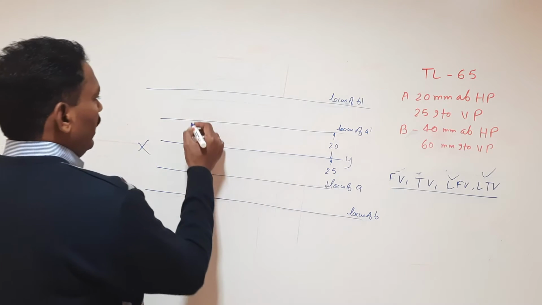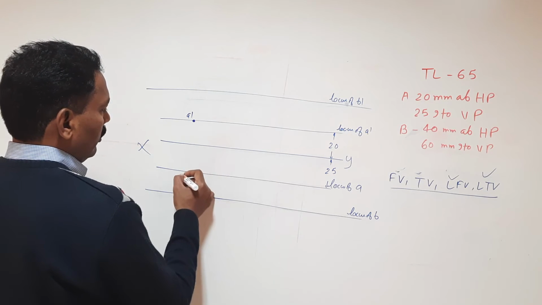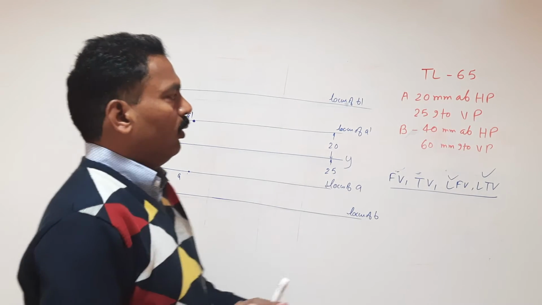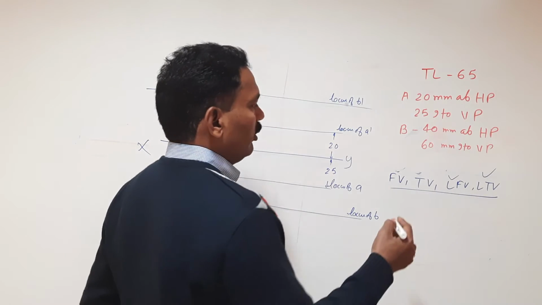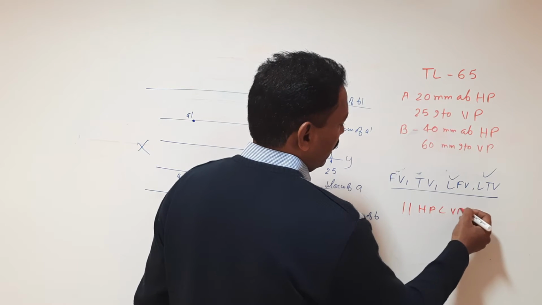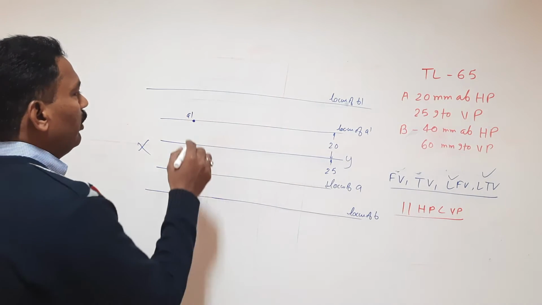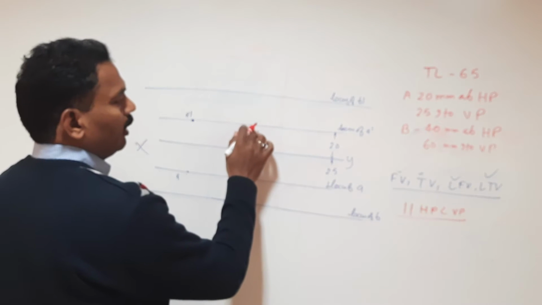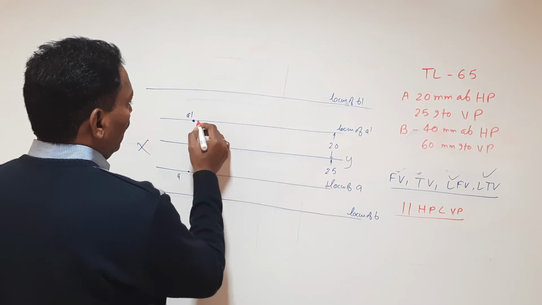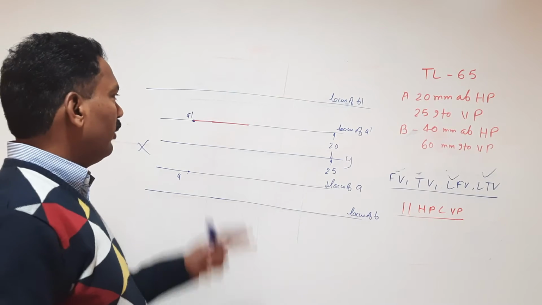First of all we fix one point, suppose it is A dash and this one is A. A is fixed. Now first we suppose that the line is parallel to HP and inclined to VP. When we suppose this, it is clear the front view will be parallel to XY and the top view will be inclined. So the front view will lie over this line, length is not given, but we know the front view is parallel.